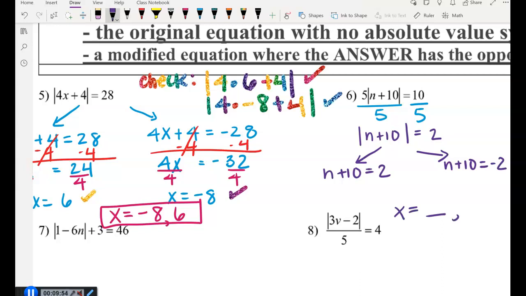Write your answer something, comma something. Before you box it up, I want you to check with your neighbors.